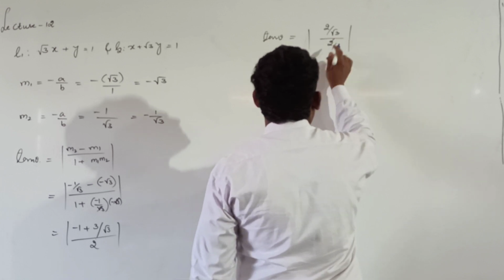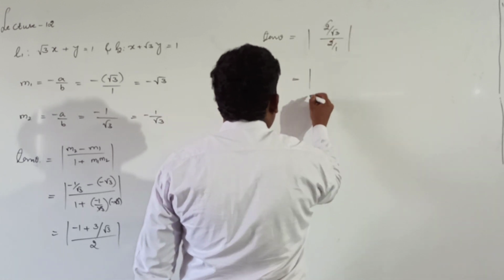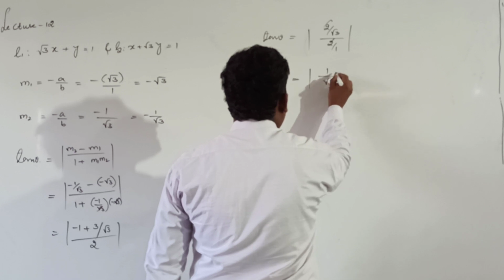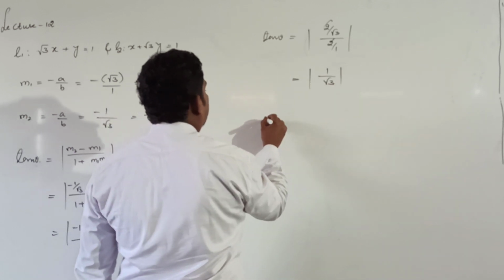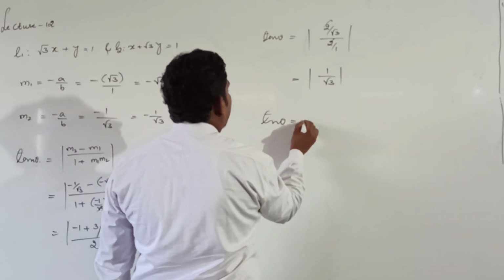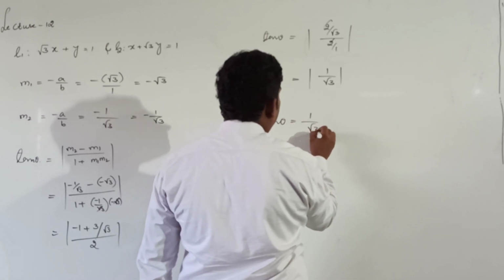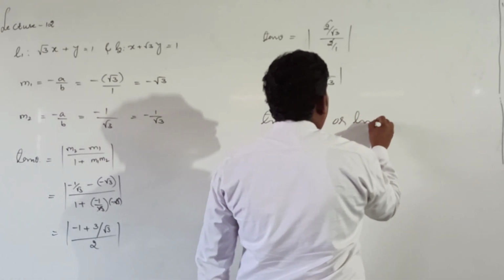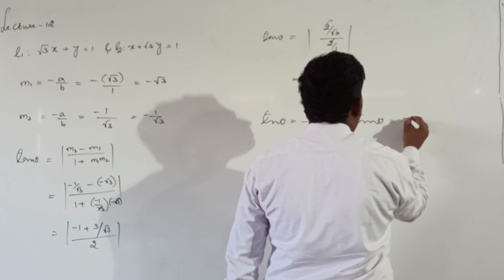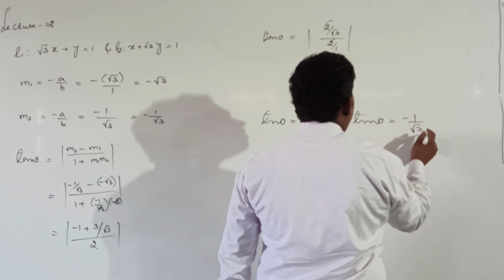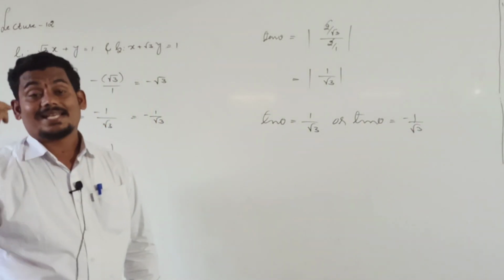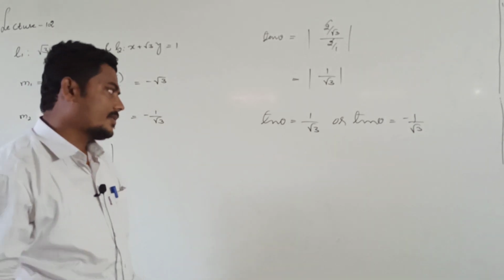Numerator 2 will be get cancelled. Remains with modulus of 1 by root 3. That's equal to, tan theta value may be equal to plus 1 by root 3 or tan theta is equal to minus 1 divided by root 3. Because of this modulus sign, consider positive as well as negative.